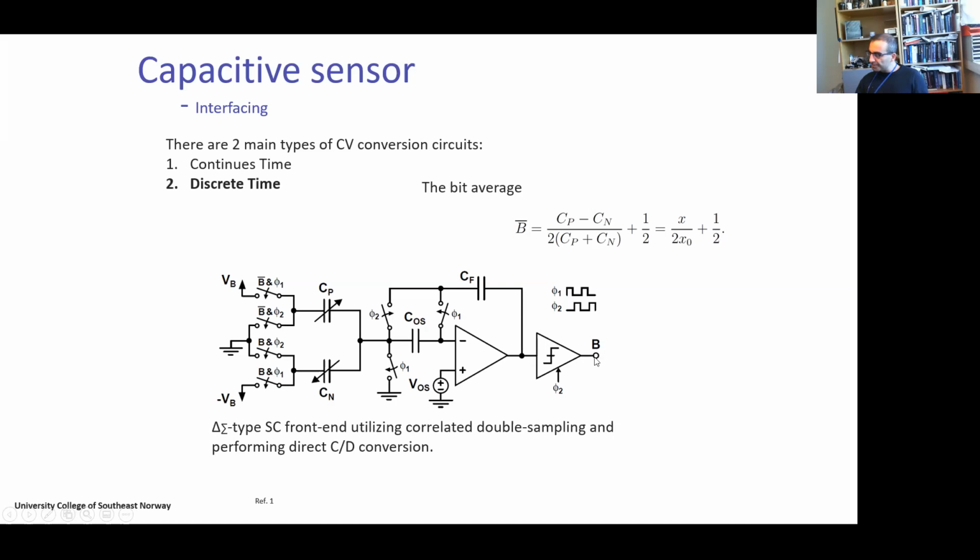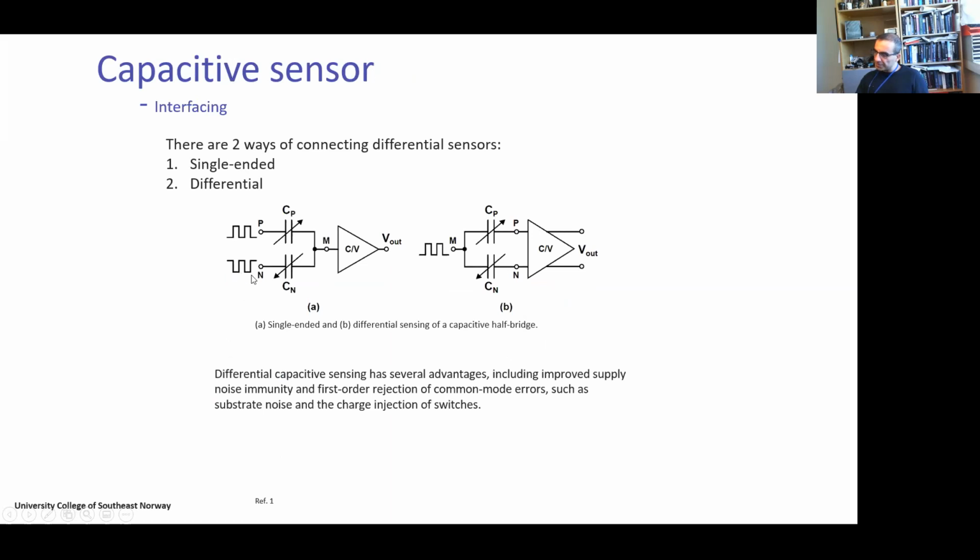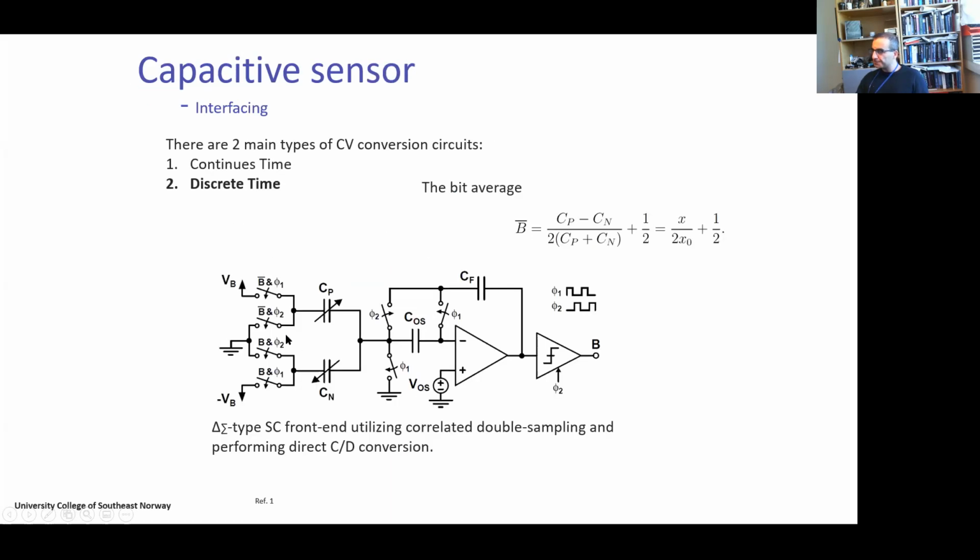You see the output B is fed back to the input and controls the switches which control the clocks. And then due to this feedback, we get a delta sigma modulation of the change in capacitor to the output. But again, I will come back to this. It is just to show you how we can implement this time varying signal, creating these pulses at the input basically by switches.